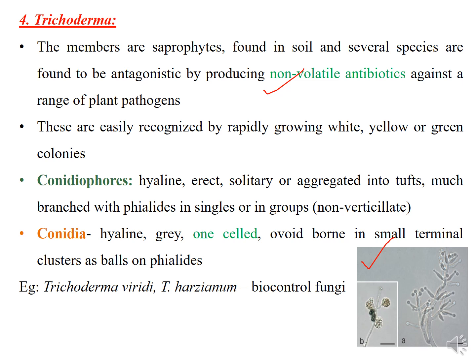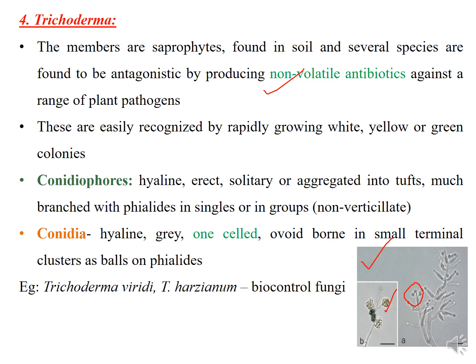Here you can see groups of conidia on the Trichoderma conidiophores. Conidia are also hyaline to grey colored, and one-celled. Here you can see slimy masses, ovoid in shape and borne in small terminal clusters as balls on phialides. These conidia are produced in ball-like structures, many conidia, which we can see on the phialides.